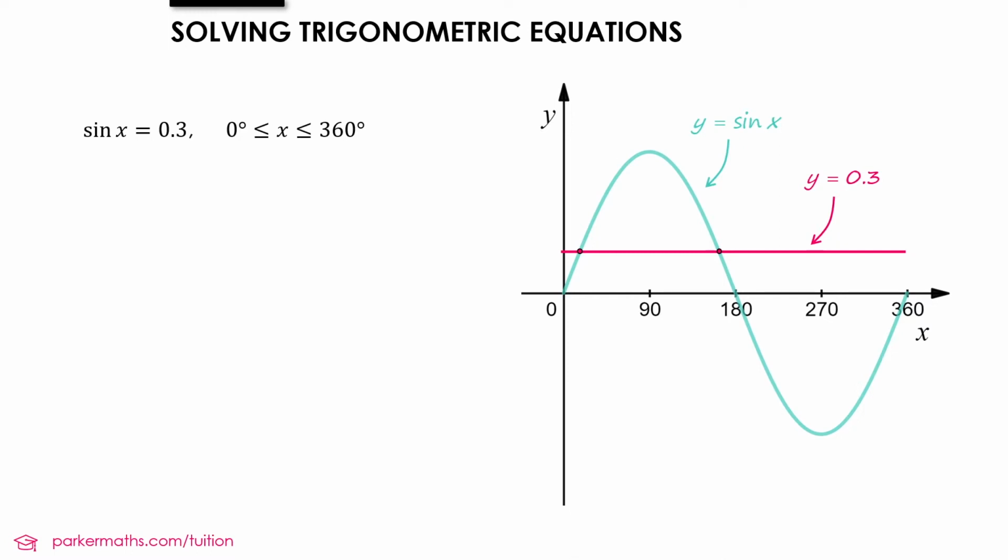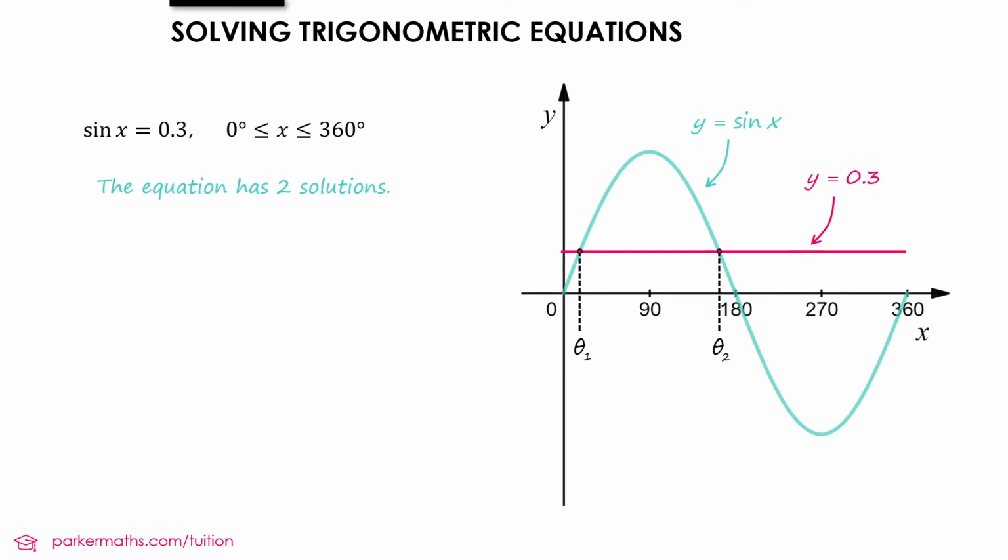And you'll find that most of the time, if you're solving an equation of the form sin x, cos x or tan x equals a constant like 0.3, the equation will have 2 solutions in any 360 degree region, apart from in a few special cases. So let's call the first solution theta 1 and the second solution theta 2.